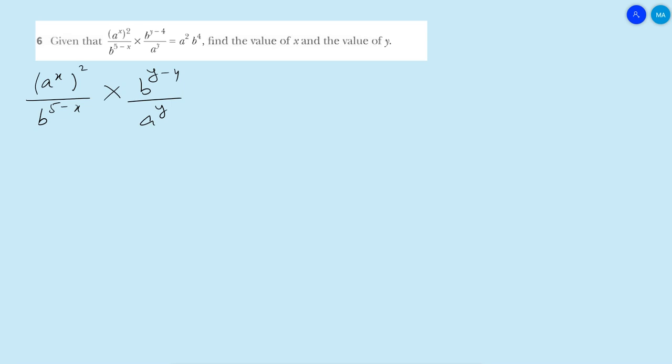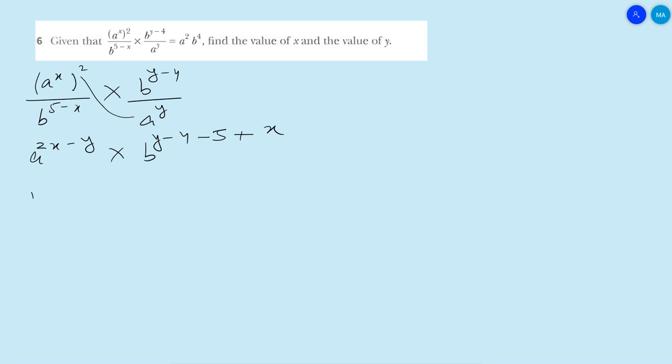x into 2, 2x. So a power 2x into this is a power y. This can be moved to the above side. It will be minus y into b^y minus 4, and this 5 minus x moves above. So this plus 5 would be minus 5, and this minus x would be plus x.